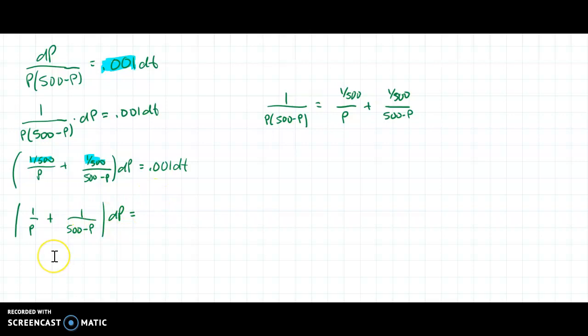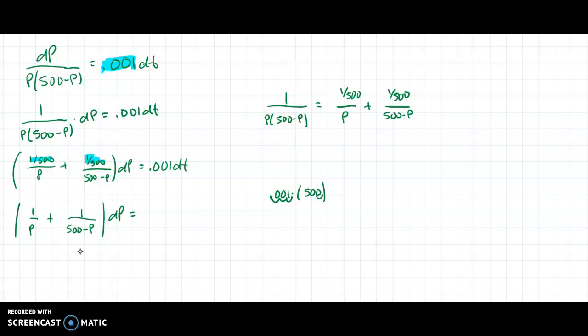Equals, now what I need to do is take that 0.001 and multiply it by 500. For me, the easiest way to do this is to take this decimal and move it 1, 2, 3 until it gets to 1. And then I do the same decimal move here.